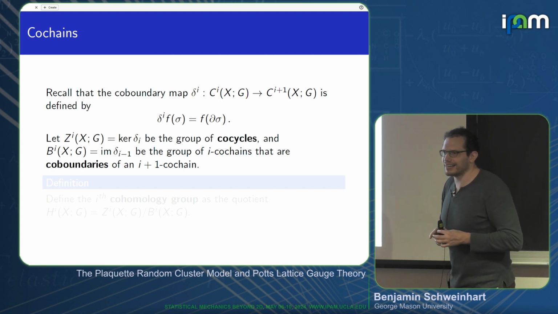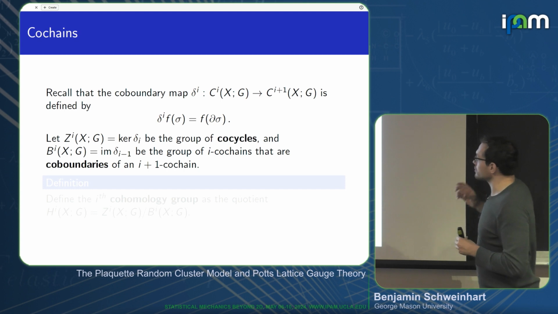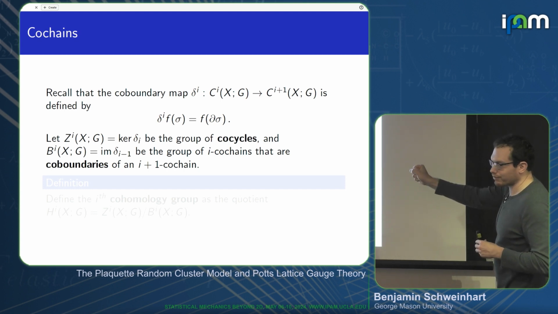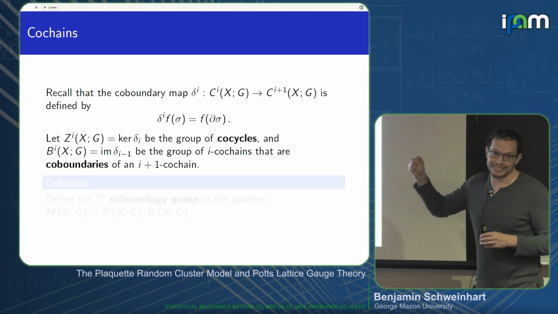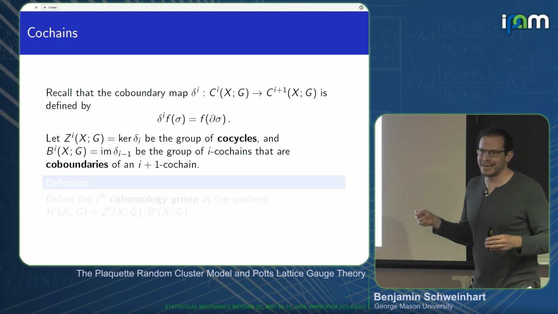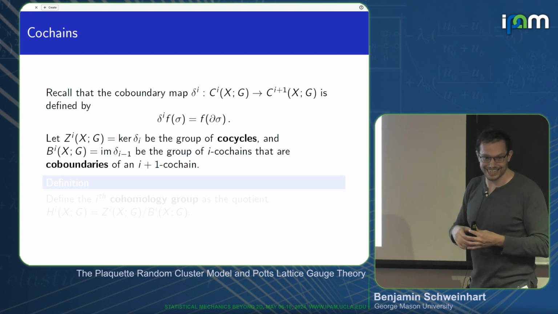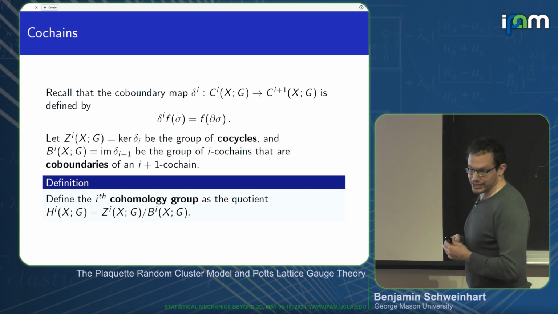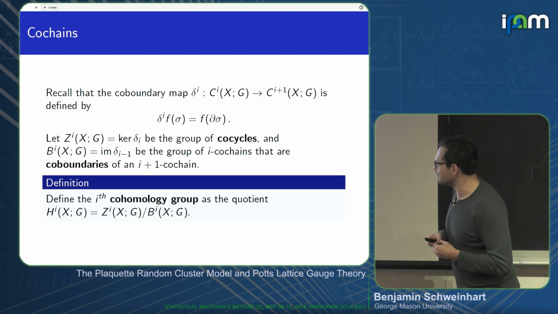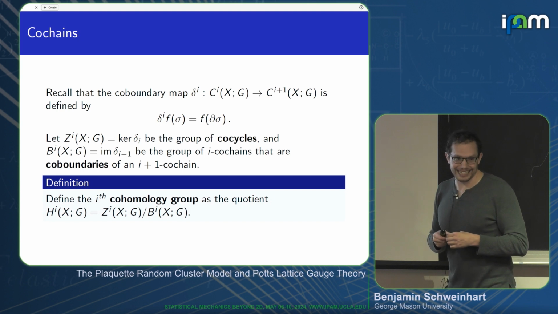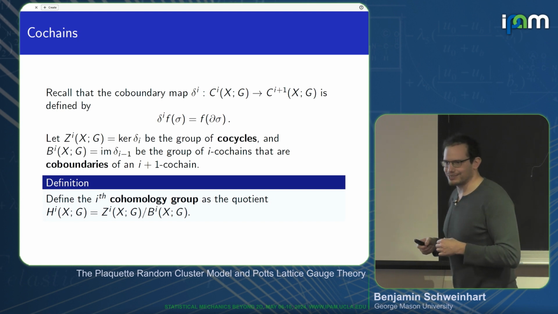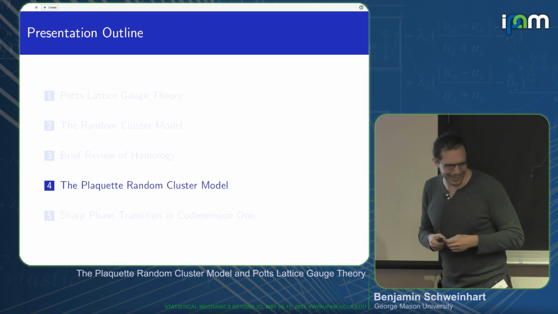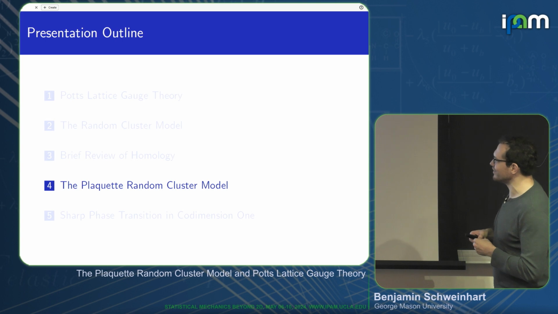If you're more used to thinking about differential forms, cocycles correspond to closed differential forms and coboundaries to exact differential forms. So if you're more familiar with that, just say that in your mind when I say cocycle or coboundary. And then the cohomology group is just the quotient of closed mod exact i-cochains.